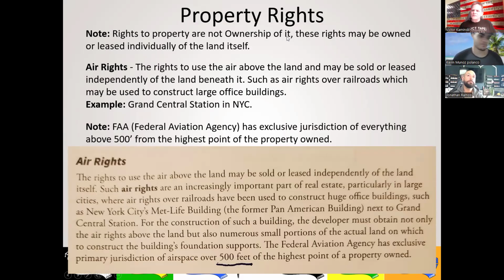Your rights can be sold or leased independently of the property itself, like air rights. The rights to use the air above land can be sold or leased independently of the land that's beneath it. Such air rights over railroads may be used to construct large office buildings, like in New York City above Grand Central Station. You've got the MetLife building there, right?